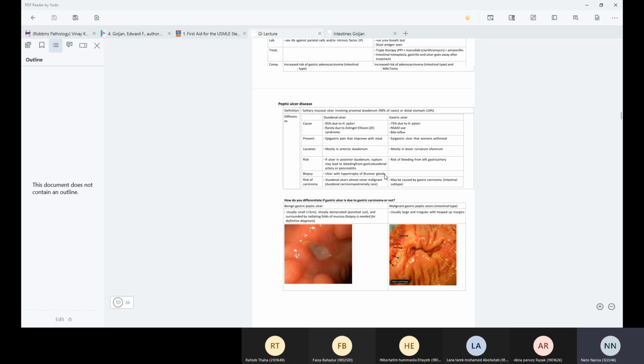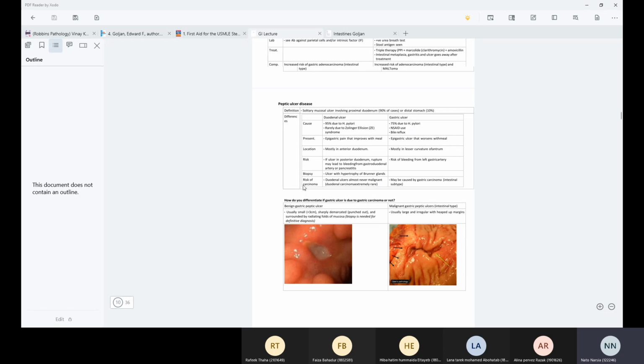And to protect this mucosa somehow, it undergoes hypertrophy. Like in chronic bronchitis, you have hypertrophy of the mucosal glands to produce a lot of mucus. But there it causes damage, COPD it causes. Here we don't have such a condition, but it is a diagnostic feature actually. Increased hypertrophic Brunner glands is a sign of duodenal ulcer.